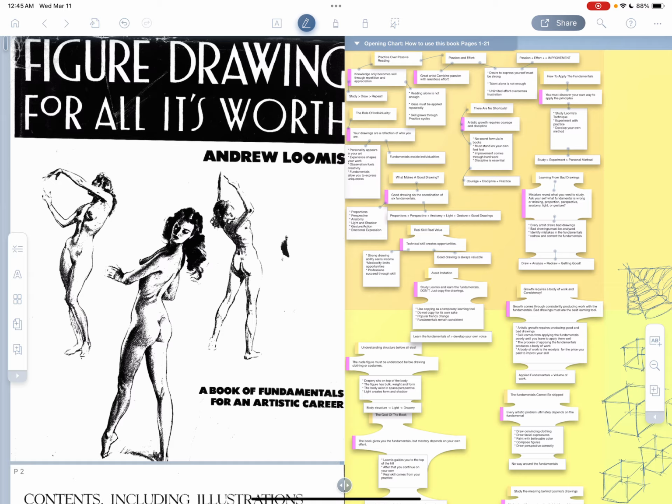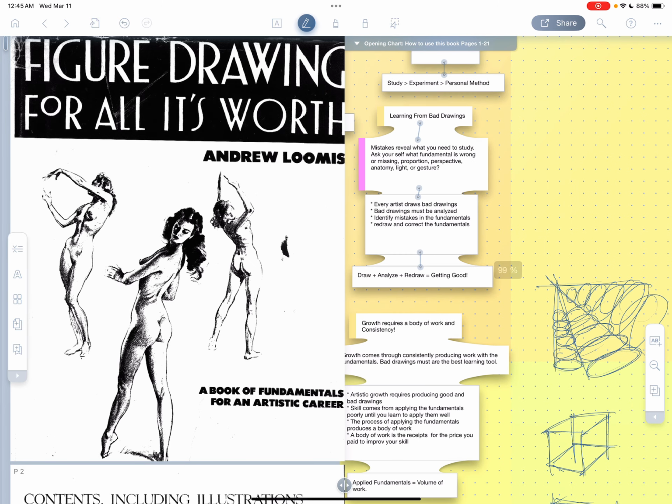This is one of the books my mentor Jeremy recommended to me very early on, and I bought it in 2018, and it's been on my shelf ever since. I recently found this very cool software called LiquidText, and it's cool because you can study any type of PDF in it.